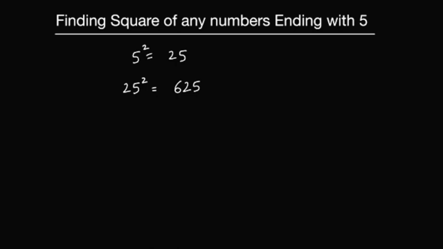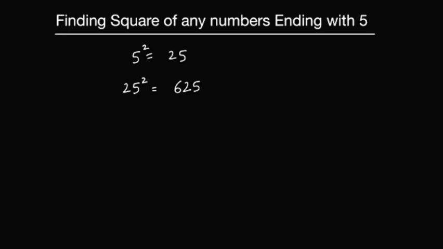But the most important thing is how we get 625, like what is the concept behind this? It is very important to understand the concept behind everything. If you know the concept, you can use it anywhere in any question, like in your competitive exams or in the next grades. So concepts should be clear.